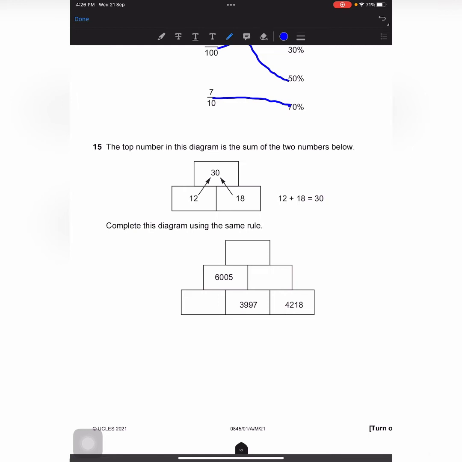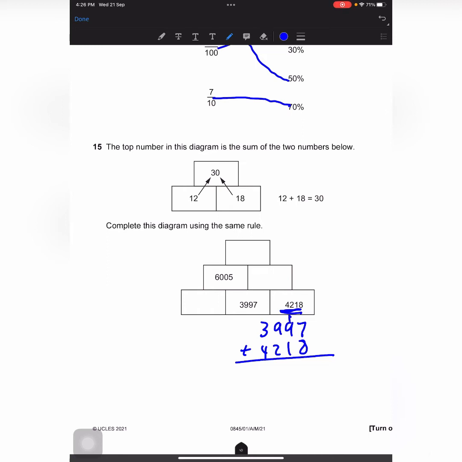So 3,997 plus 4,218. Add them. Okay. So we're going to do this. So 8, 9, 10, 11, 12, 13, 14, 15.